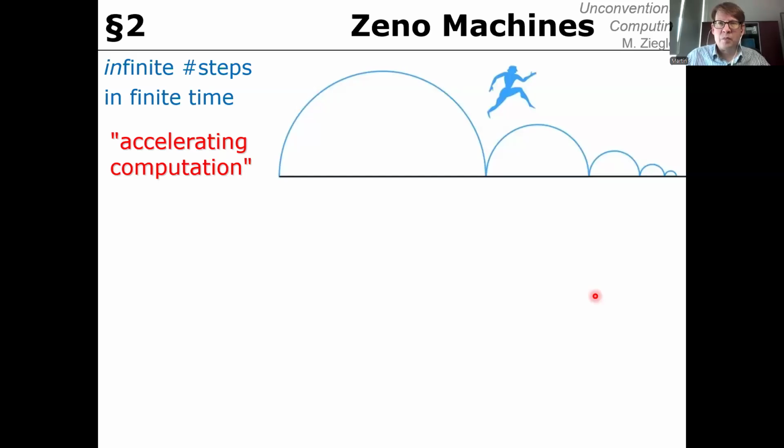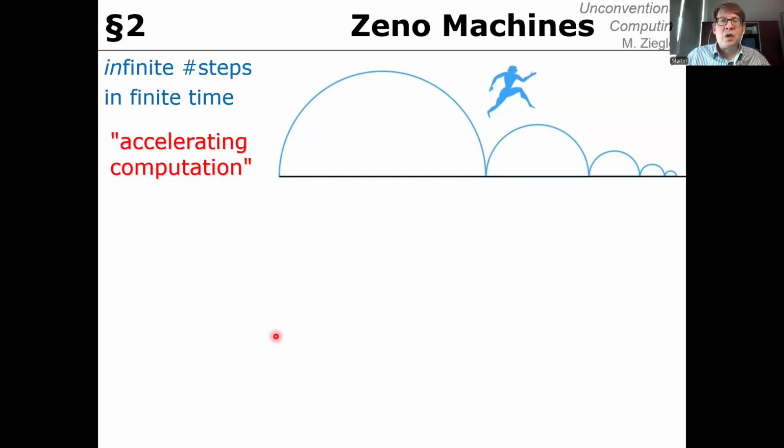Right, so here's the recap. Accelerating machines are named after Zeno's paradox, where Achilles, the fastest runner in Athens, takes less and less time to cover smaller and smaller intervals.